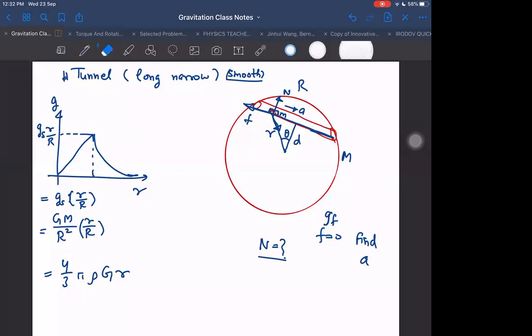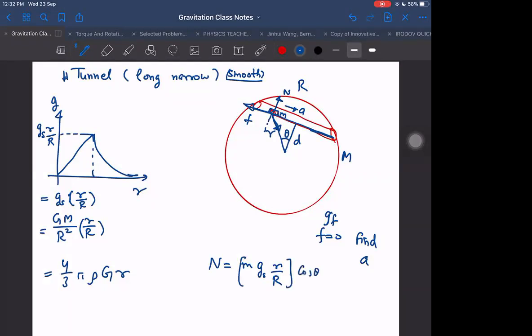So let me tell you how it is happening. See, normal reaction is equal to mg at distance r, which is equal to g at the surface into small r by capital R. Sorry, it is mg actually, and mg is the component in this direction. That will be multiplied by cos theta.